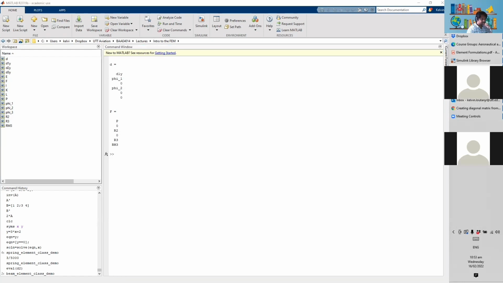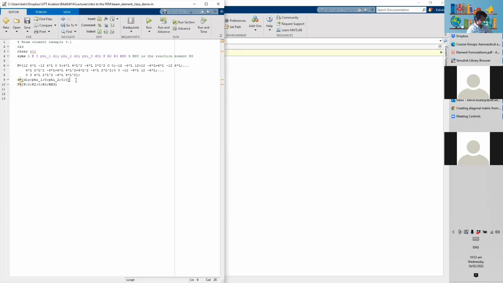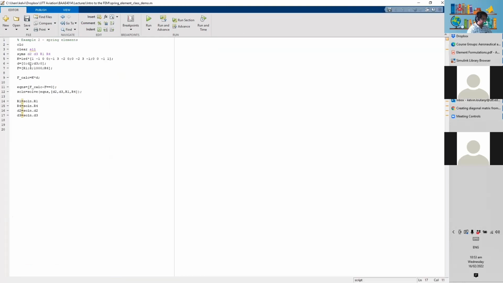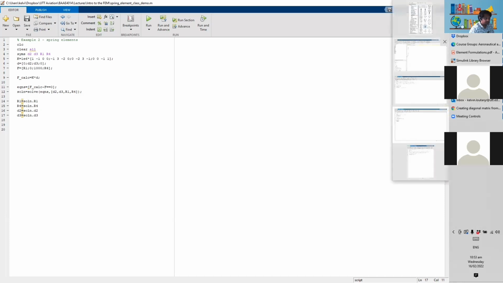So the F and the D matrix. The next step we did after that was this piece of logic here, where we work out what K by D is, and then F, the F vector minus KD is equal to 0. We could copy and paste that, or we could just put it in ourselves.